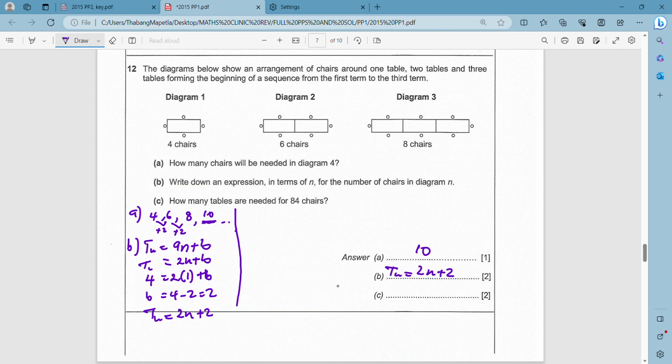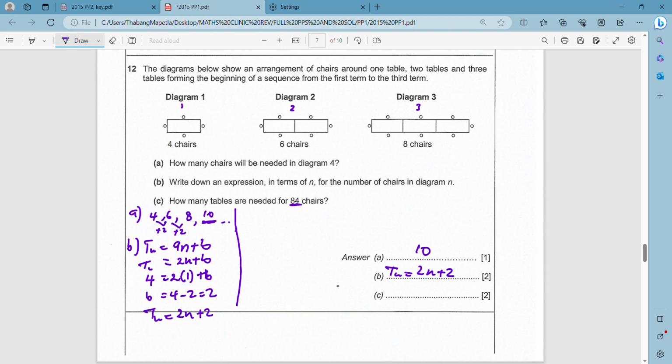And then number C, it says how many tables are needed for 84 chairs? Remember that 1 table is for diagram number 1, 2 tables for position 2, 3 tables for position 3, which means that when they say how many tables, they mean what is the position in which our sequence is going to have the term number as 84?